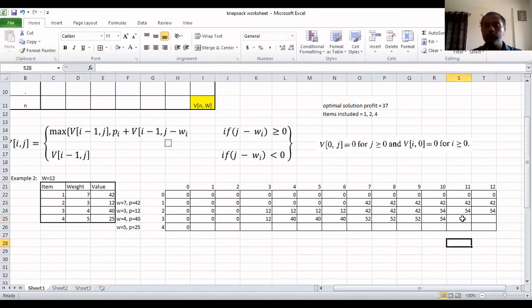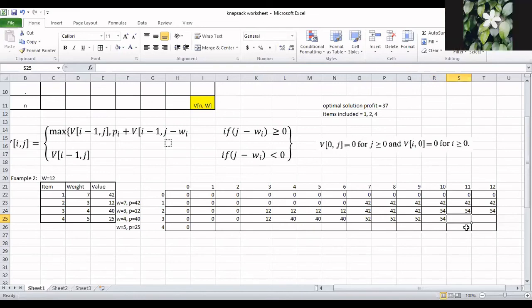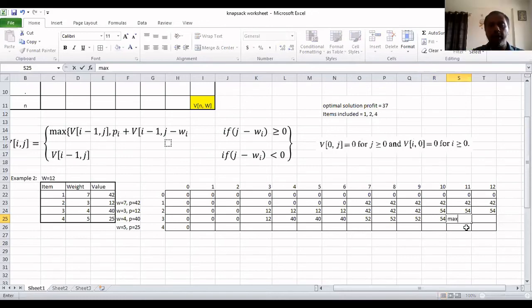Over the next one. That is max of previous profit 54, comma, current item's price is 40 plus V of I minus 1, J minus WI. So 11 minus 4, 7, 42.